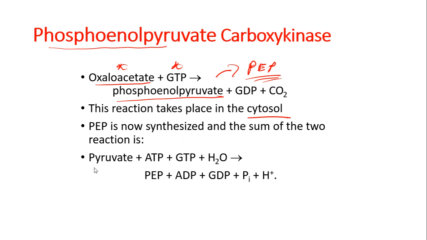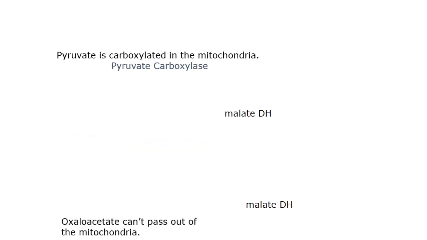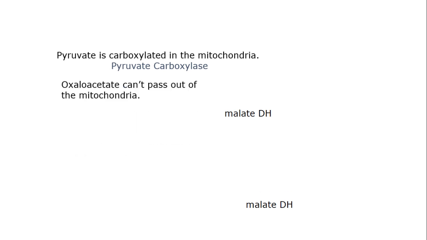And if you can see, there is pyruvate plus ATP plus GTP plus water to give us PEP, ADP, GTP, a phosphate group, and a hydrogen ion.